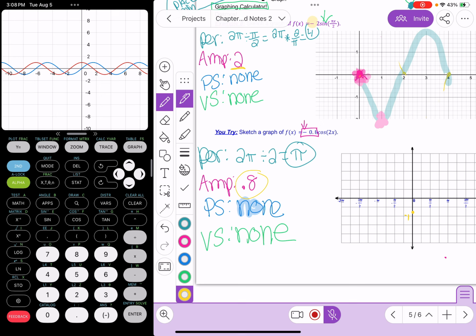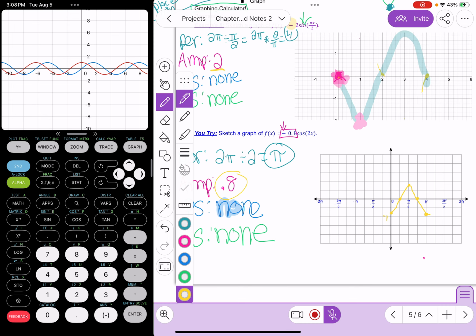And at pi, I'm going to do -0.8 again. And then my maximum would be +0.8. And halfway between those points is when I would cross the midline. So that would be one period of cosine.